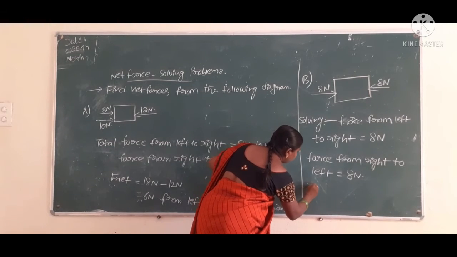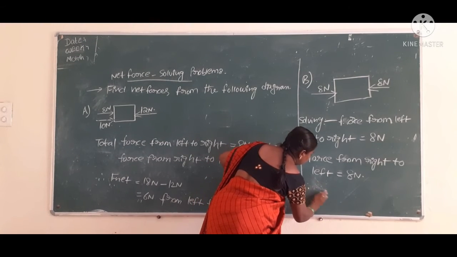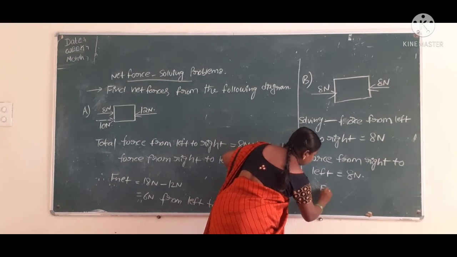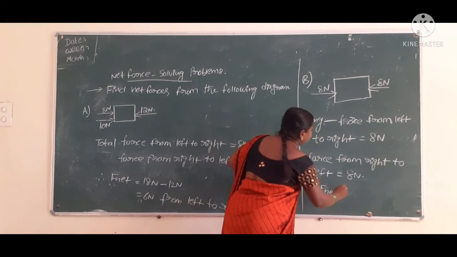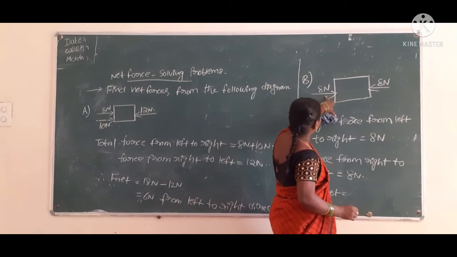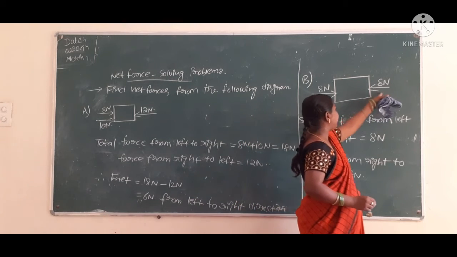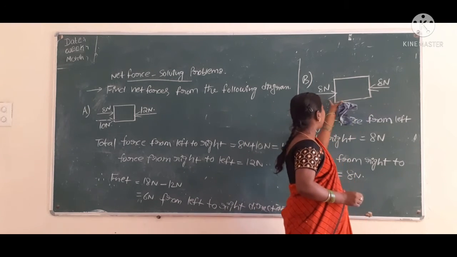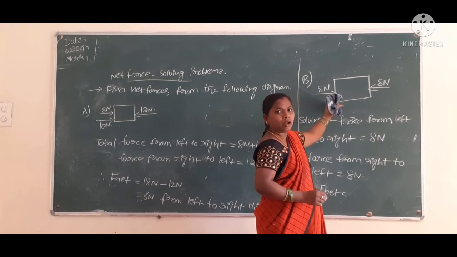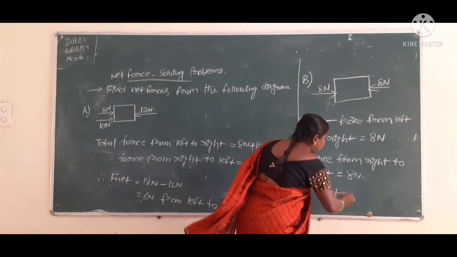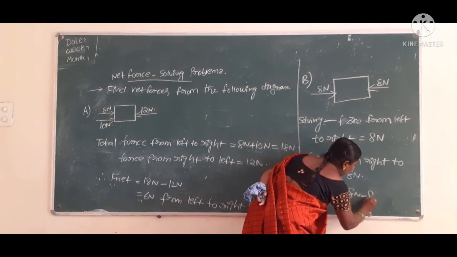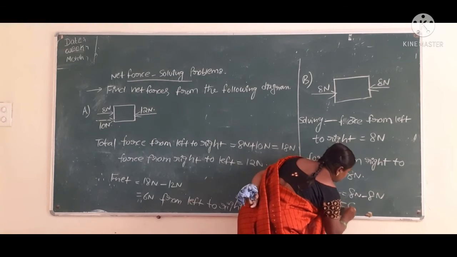Therefore Fnet is equal to the biggest number minus the smallest number. The left direction and right direction forces acting on the object are the same, so this is 8 newtons minus 8 newtons. This is 0.